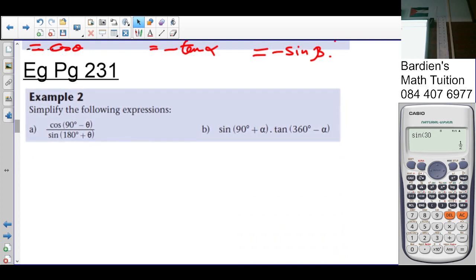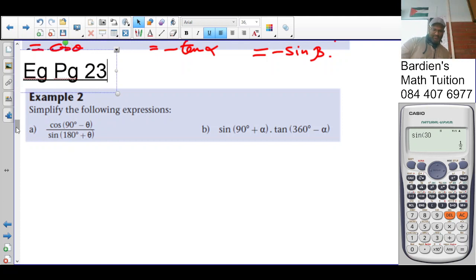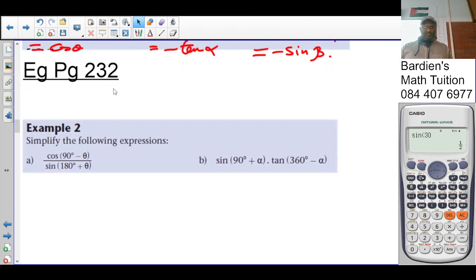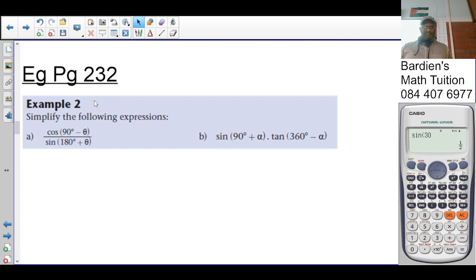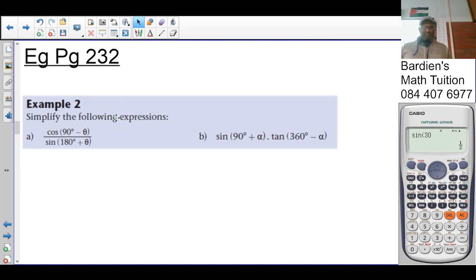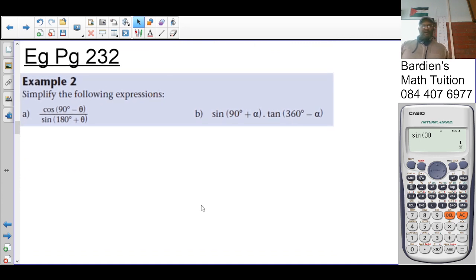Example 2, I think this is page 132. Don't copy the answers from the book. Right, write the first one down. Do it.